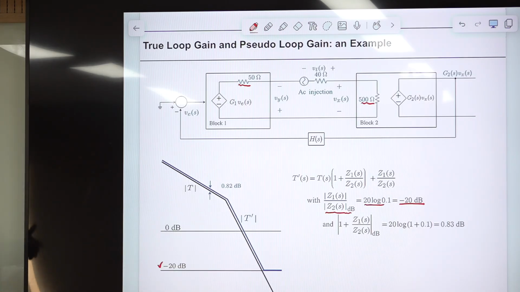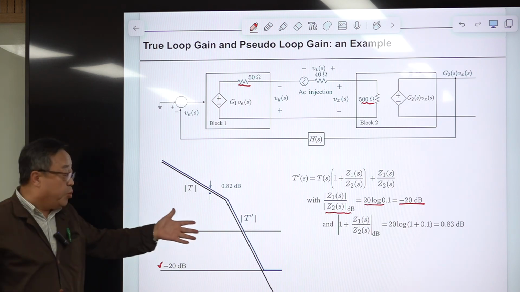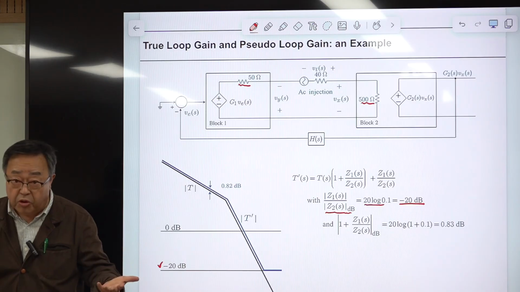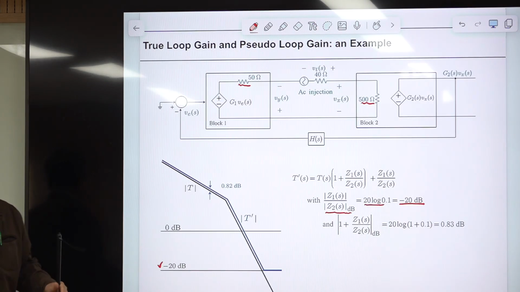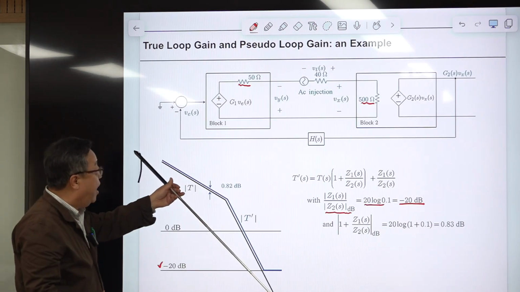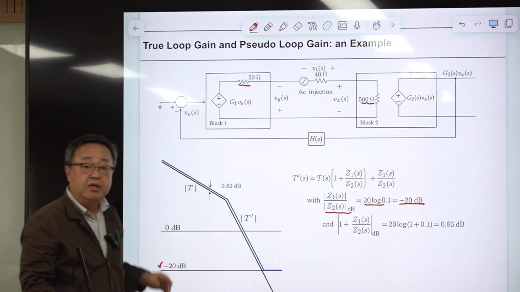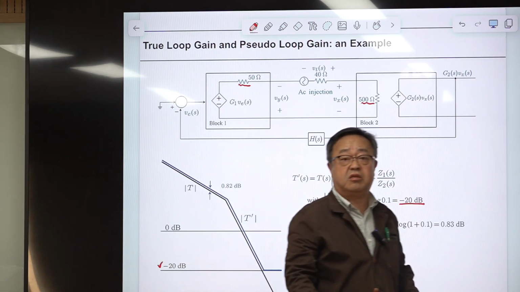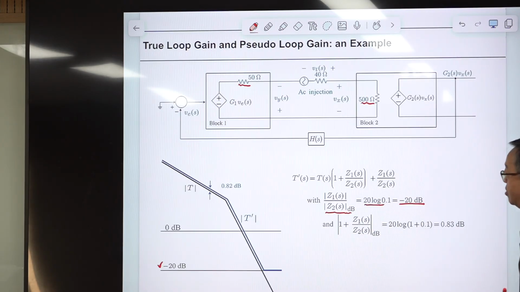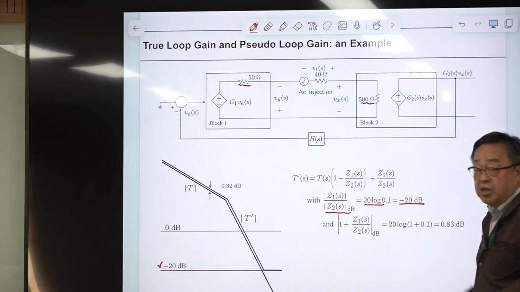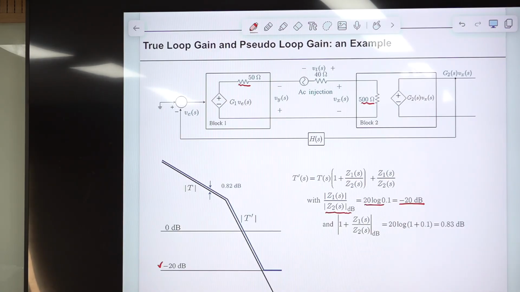It's shown here. And this T is the true loop gain. We assume the equation of this true loop gain is known for educational purposes. So we want to compare this true loop gain and the pseudo loop gain we will be measuring using the asymptotic analysis discussed in the previous slide. And this blue line is the result of this asymptotic analysis of the loop gain expression.